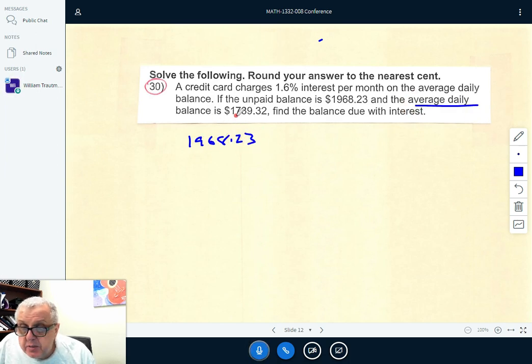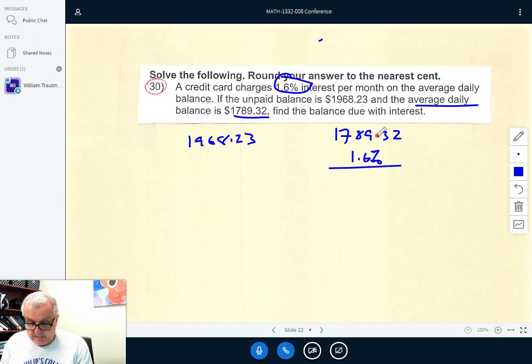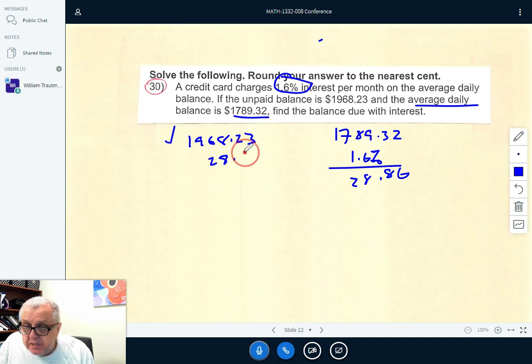Our average daily balance was 1789.32, and our interest is 1.6% for the month. You always multiply your interest times your average daily balance. So it's 1.6% times that, and I get $28.86.